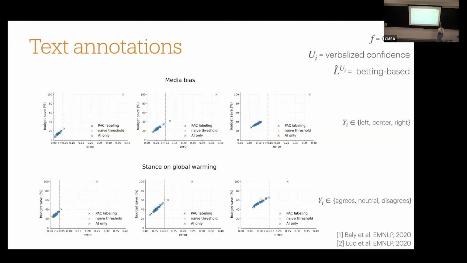In all the other examples, it does end up being a valid baseline, but sometimes it's very conservative. So for example, here, this is where the naive threshold baseline is. So we can see that the budget save is basically on the lower end of what we achieve with PAC labels, even though it does technically meet the error guarantee, although in a bunch of other examples that we've looked at, this is not always going to be valid, which is unsurprising.